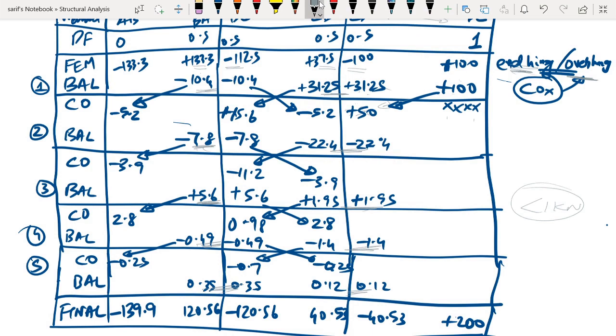Okay, if it was only an end hinge and without any overhanging moment, the moment at this end hinge would be 0, and to balance it to the plus 100 we should have added minus 100. Okay, now since we were having plus 200 here, that is a clockwise 200 here, we added a plus 100 here. So that is how we balance it.